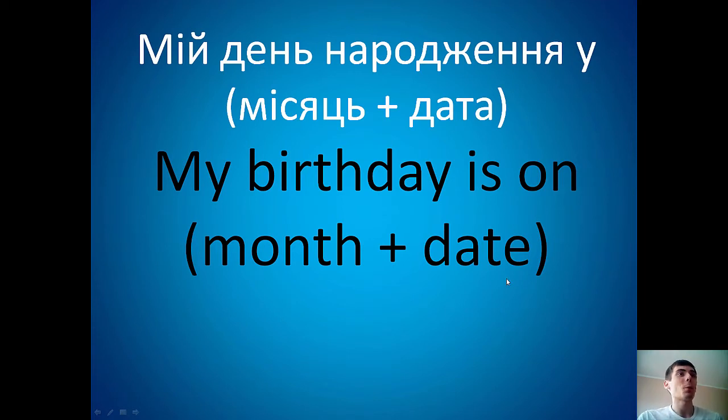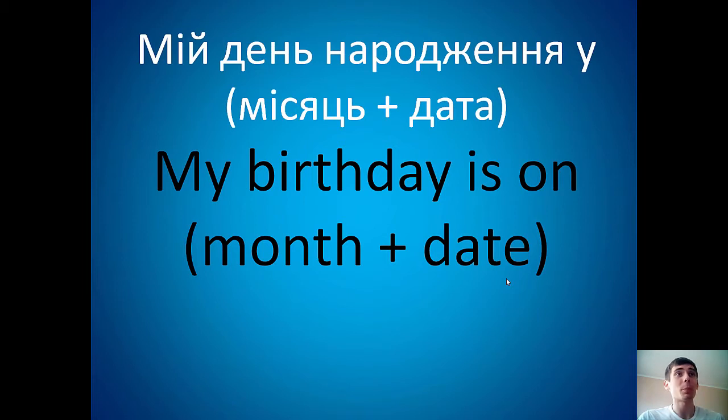And if you are ready to learn 12 months in Ukrainian language, be sure to check my other video on them. And if you are not ready to learn them right now, for sure you can tell the month and the date in English. And at least the month everybody is going to understand here, because months in English language are very, very similar to months in Russian language.